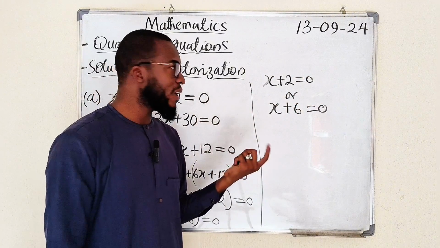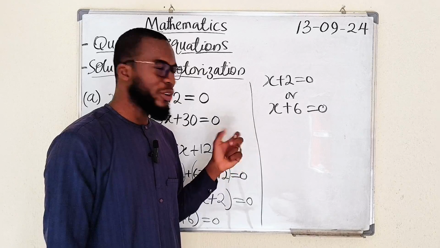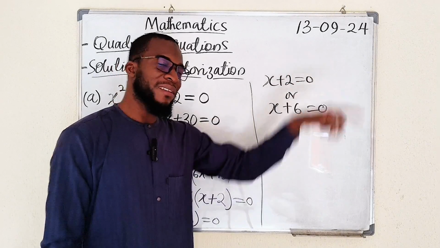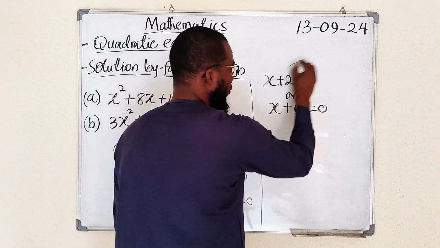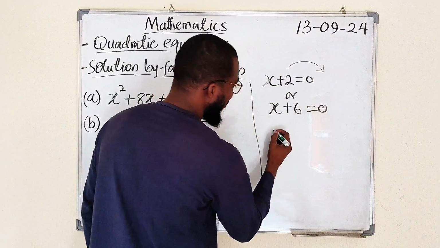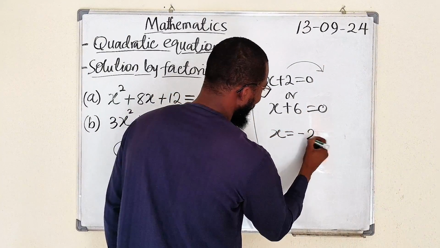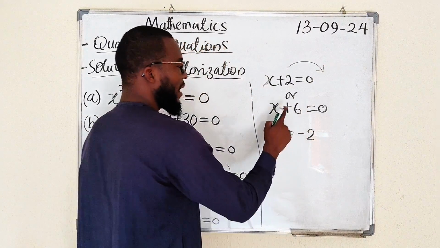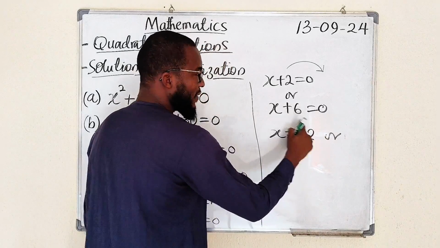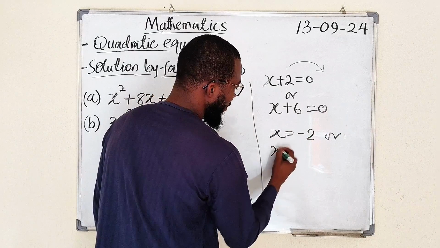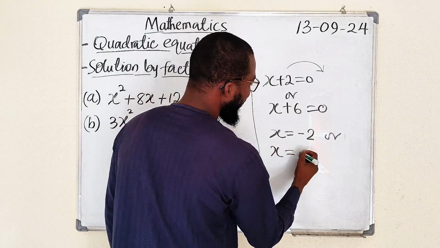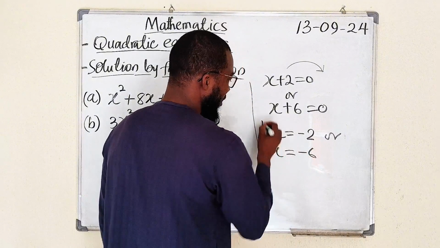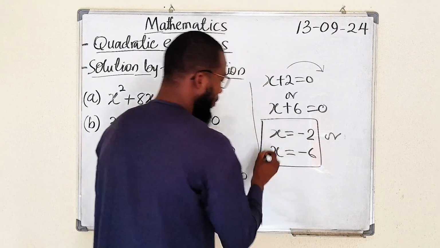Another way you can do that is to subtract 2 from both sides, but I prefer to take it to the other side. So once you take 2 to the other side, it becomes negative, which implies x equals negative 2. You see, one of the solutions. Or if you take 6 to the other side, it becomes negative 6.